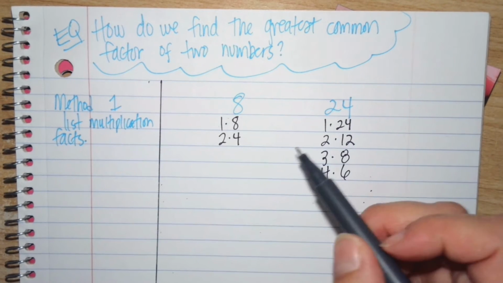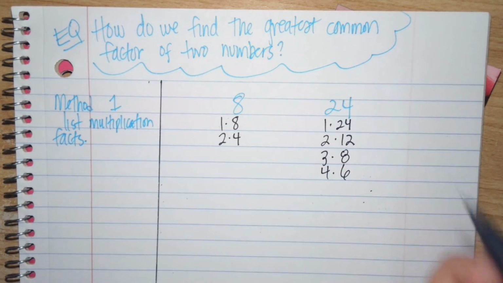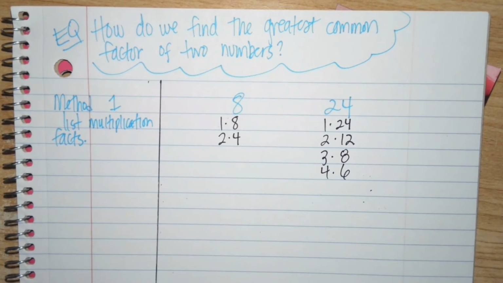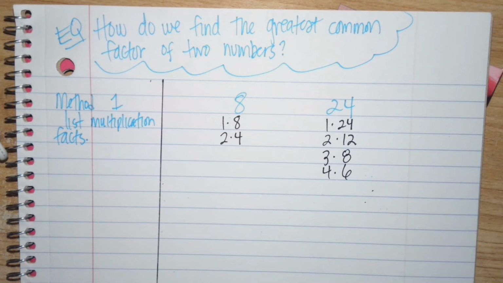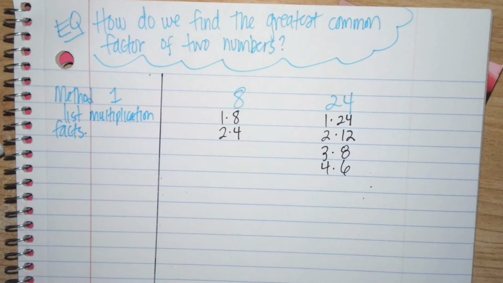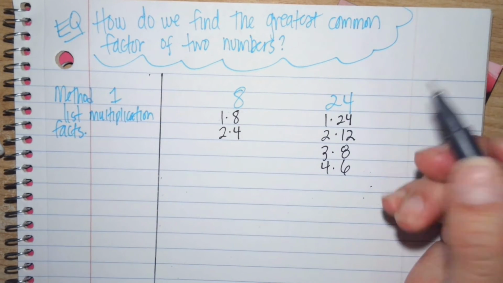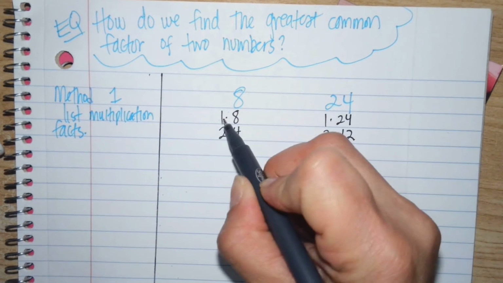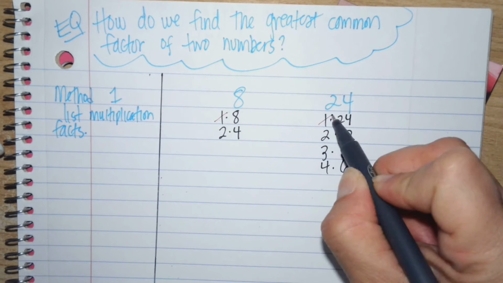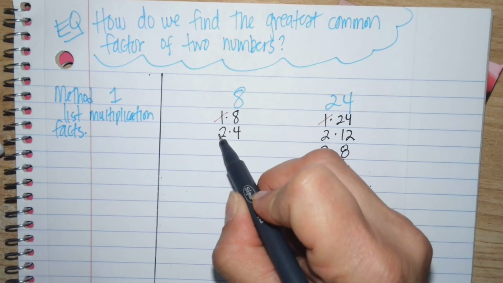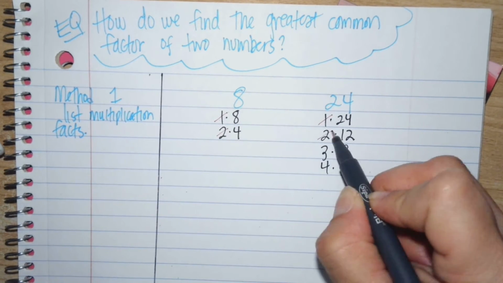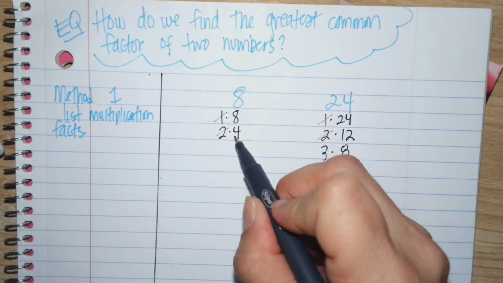Now when we're looking for the greatest common factor, what essentially we're doing is we're looking for the biggest one, because they're going to have common factors. We just want the biggest one. So when looking at these, it looks like they do have a 1 in common, but I don't want that one. They do have a 2 in common also, and they do have a 4 in common.